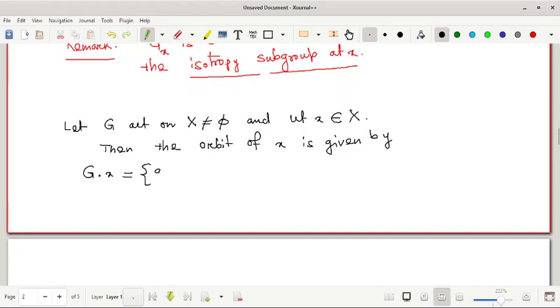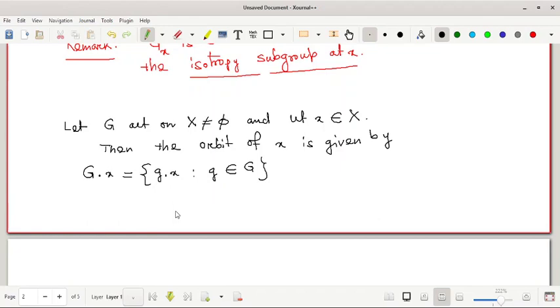It is the set of all elements of the form g dot x such that g belongs to G. This is called the orbit. Right? Orbit of x is given by this. Fine.